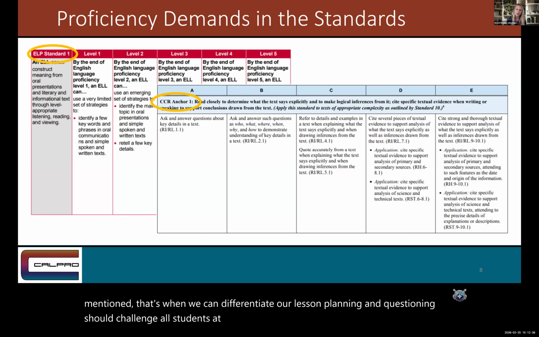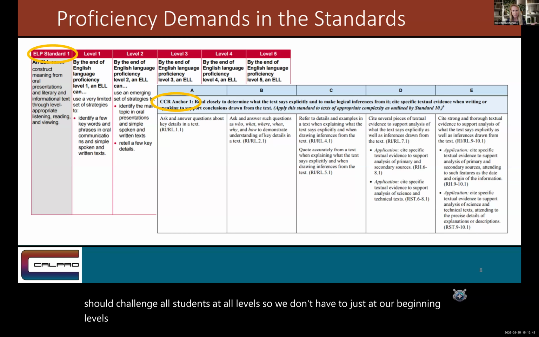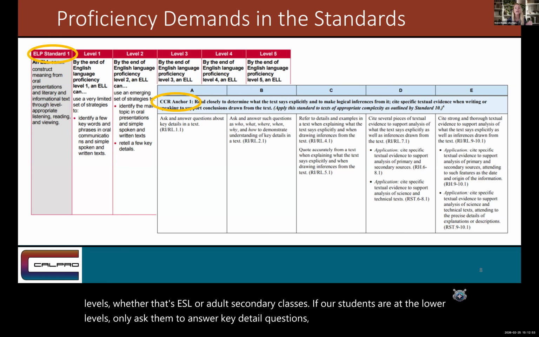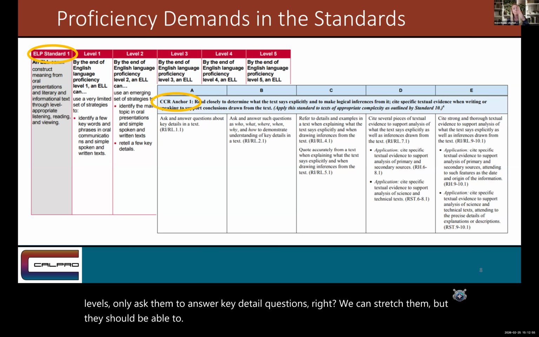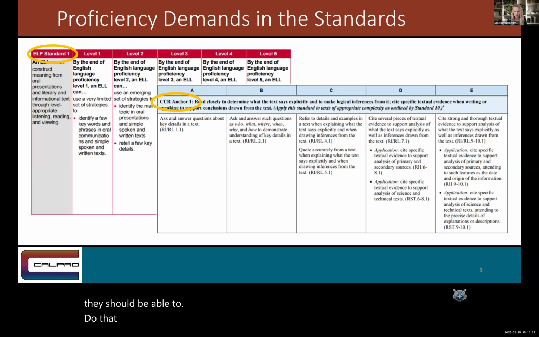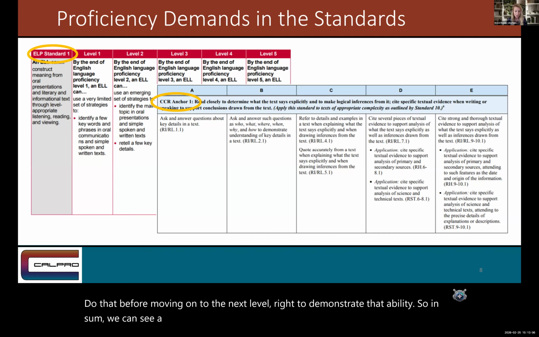So at our beginning levels, whether that's ESL or adult secondary classes, if our students are at the lower levels, we don't have to only ask them to answer key detail questions, right? We can stretch them, but they should be able to do that before moving on to the next level, right? To demonstrate that ability.